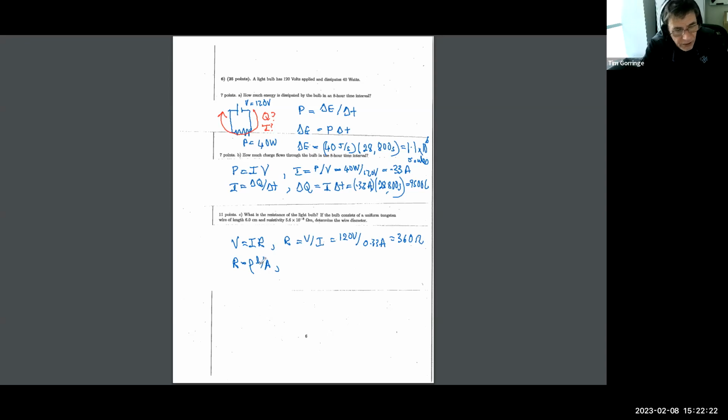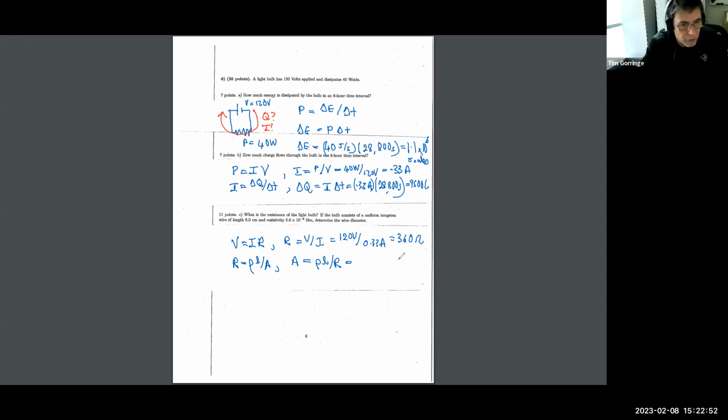Actually, the only thing here we don't know is the cross-sectional area of the wire. And so I can rearrange this equation for the area, multiply both sides by the area, divide through by the resistance, and I get the equation that the cross-sectional area is given by this expression here, resistivity times length, divided by resistance. I'm going to plug these things in.